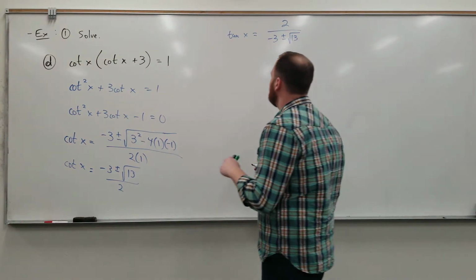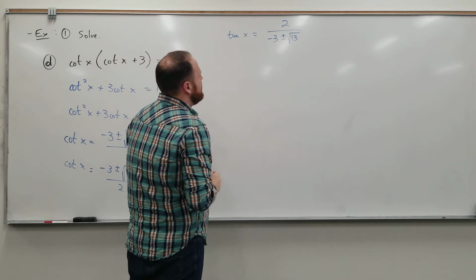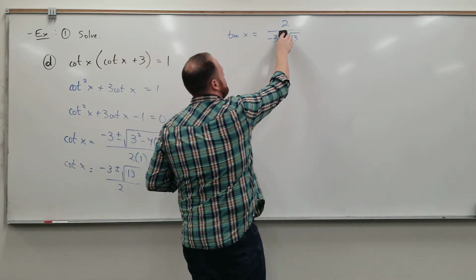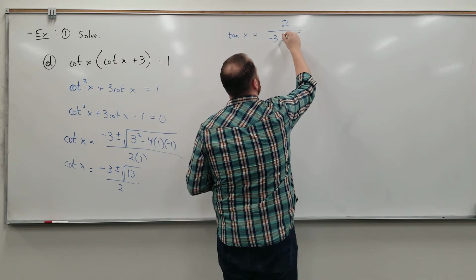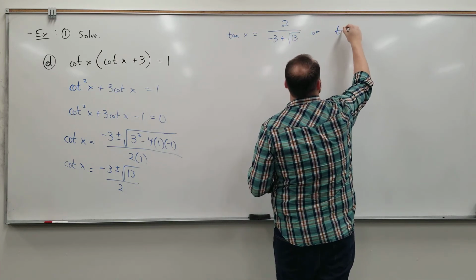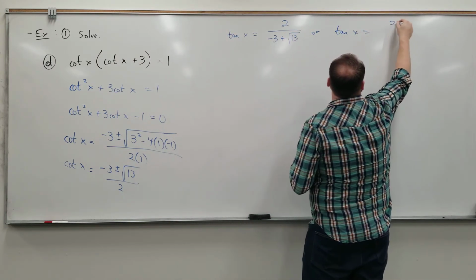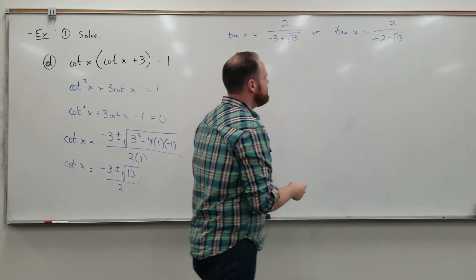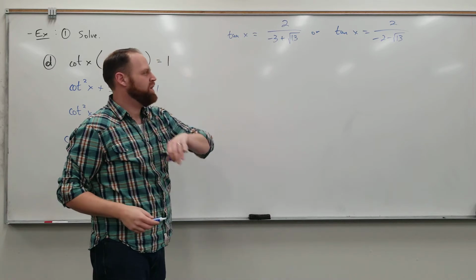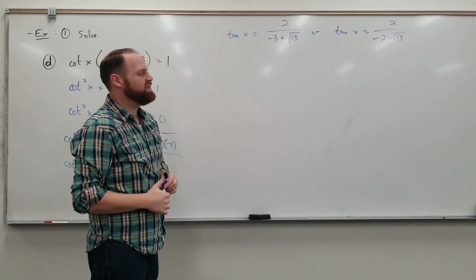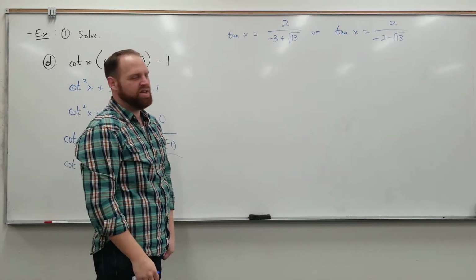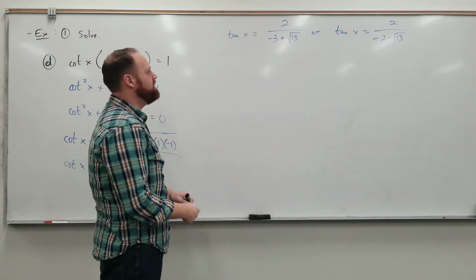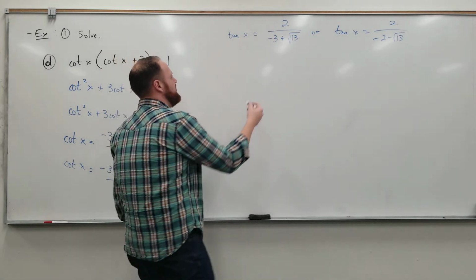Well, it might be easier to write this out as 2 separate solutions, right? So I'm going to say plus or minus. Okay, I'm not going to bother with trying to rationalize this because we're not going to get an exact answer anyway. Once we take tangent inverse, we're going to be dealing with decimal approximations in any case.